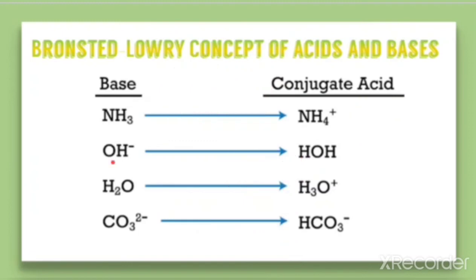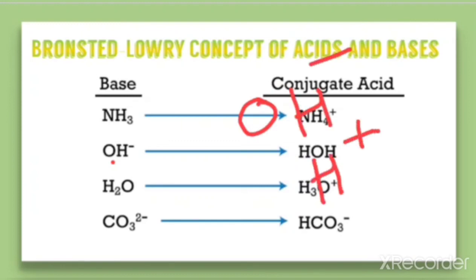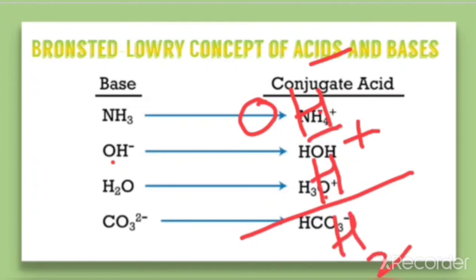Next is OH negative. Because it is a base, you have to add one H positive. When you make the sum, one hydrogen here and one hydrogen here, so total two hydrogens and one oxygen.